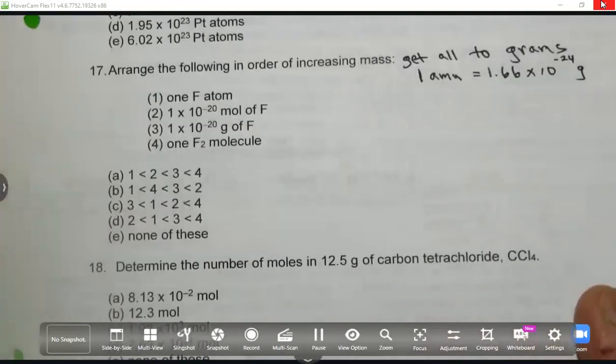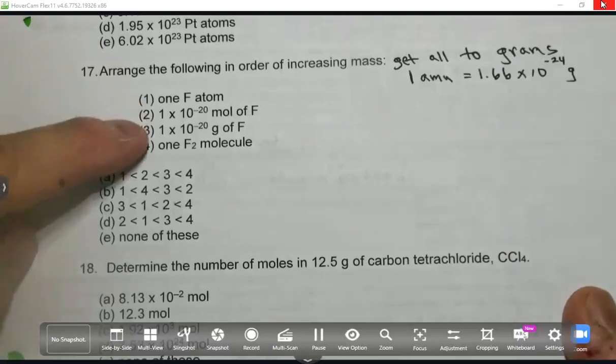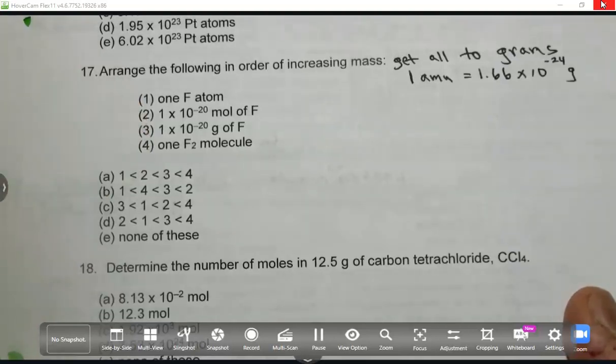The easy way to do this is to get all the grams, or get all the moles. Grams or moles are going to be the same thing. The best thing to do is get all the units the same, correct? You can't say one is smaller than another without converting everything to the same unit. I just convert all those to grams safely.